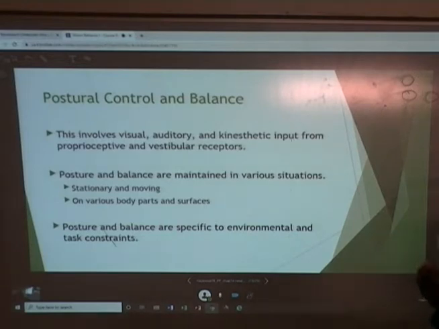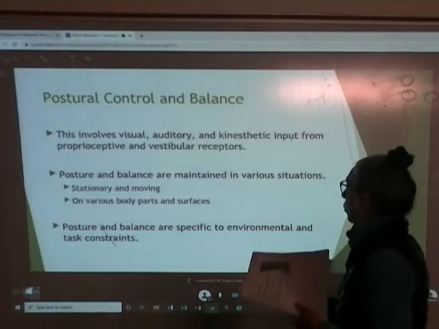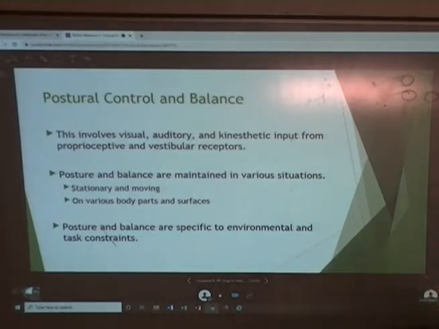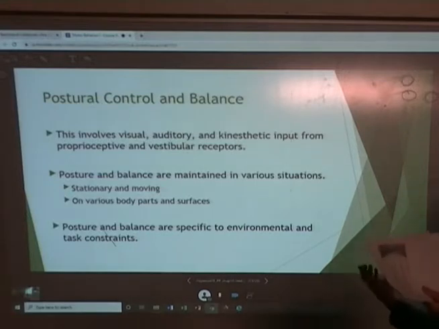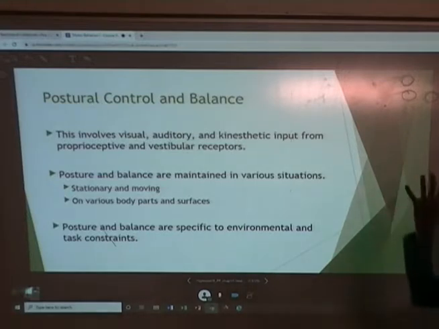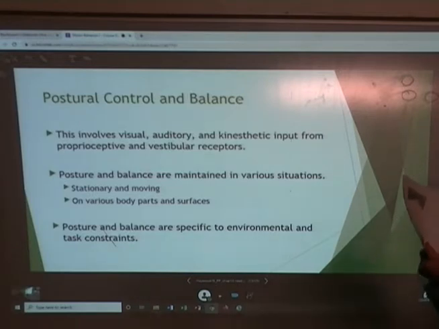They tend to use visual information over, particularly as adults, other information that they're receiving. Auditory information can be used, kinesthetic input from pressure receptors in our feet, from the vestibular apparatus in our ears, from joint receptors, right? All this information the brain puts together to control posture and balance, right?